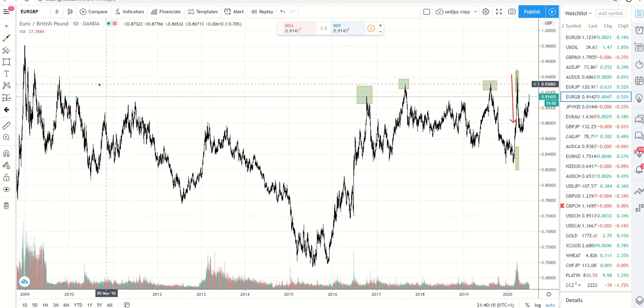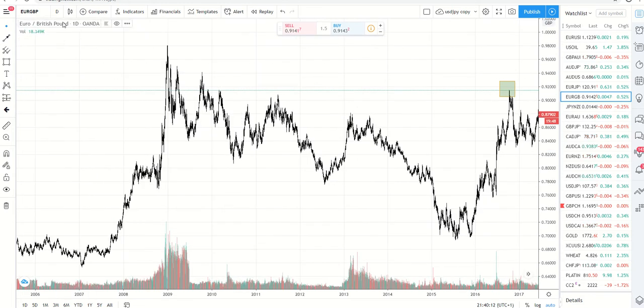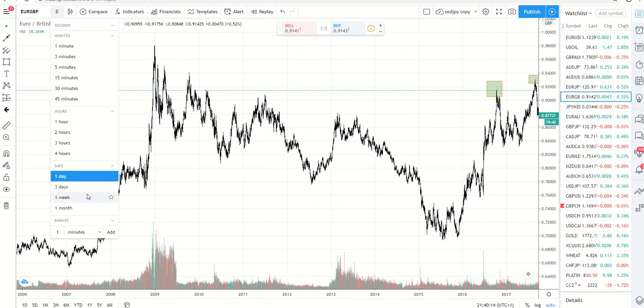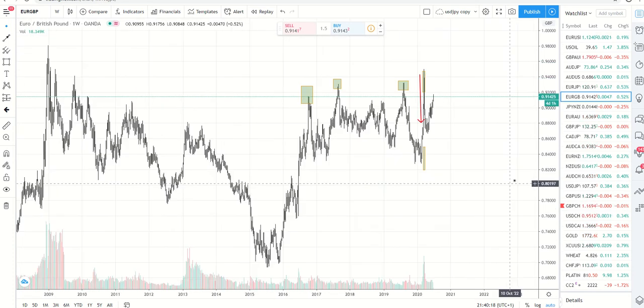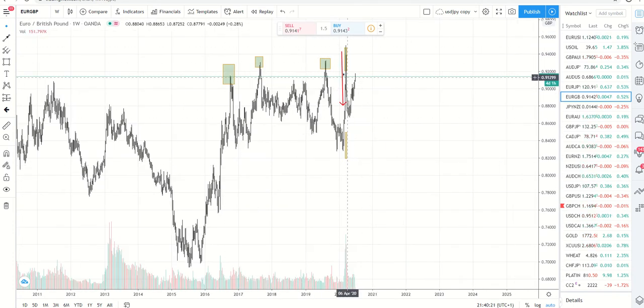There we go, you should be able to see that nice and clear. We probably need the weekly chart to see what's going on there. So we can see now why there was so much volume here, just like there was so much volume here.